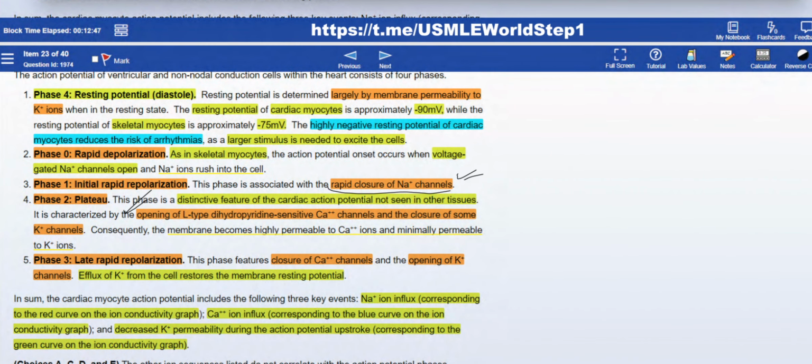Then we have phase 1, which is considered as initial rapid repolarization, which is because of rapid closure of sodium channel. Then we have phase 2, that is plateau phase, which is the distinctive feature of the cardiac action potential not seen in other tissues.